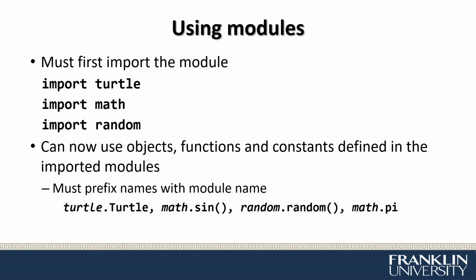Once you import those modules, now you can use the objects, functions, and constants defined in the modules. You must prefix with the module name, like we did with turtle.Turtle, math.sin, random.random, math.pi. We'll talk more about all this in a second.